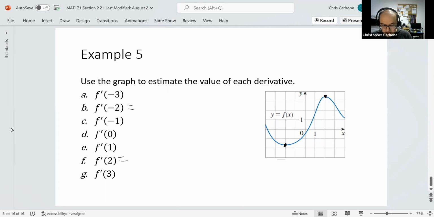Because of that, both of these are going to have a slope of 0 for the tangent line. So both of these are zeros to begin with.